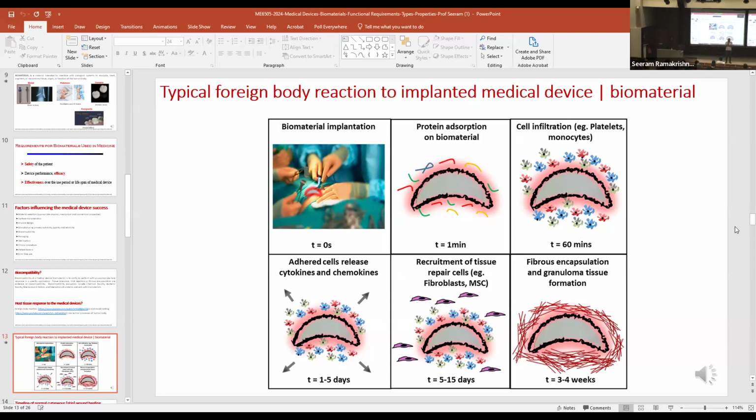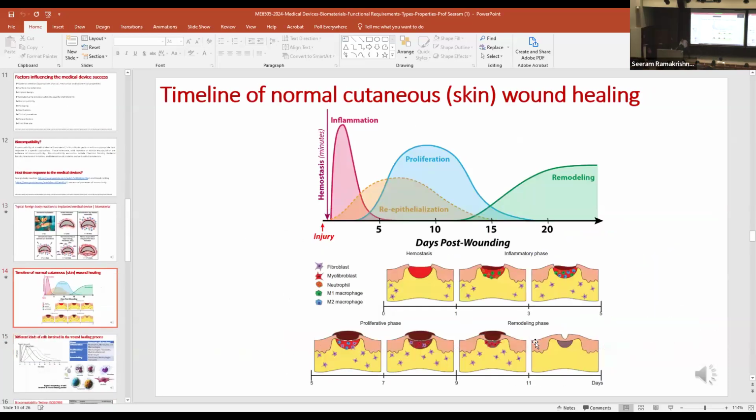As long as that reaction is mild and within the acceptable limit, it's a good reaction. And so what we are showing here is how a typical foreign body reaction eventually results in the formation of a fibrous capsule around the implant. So that's basically what happens.